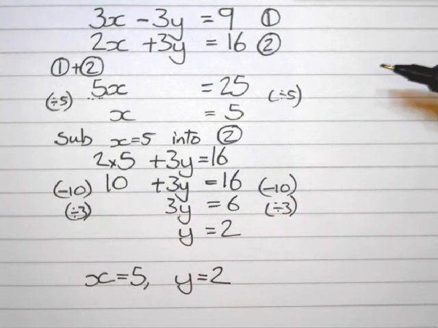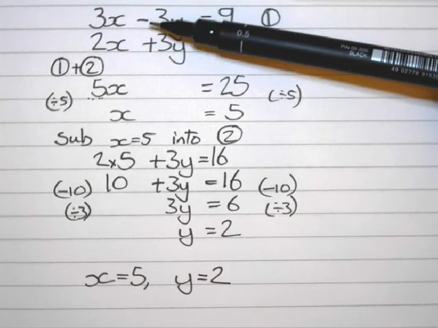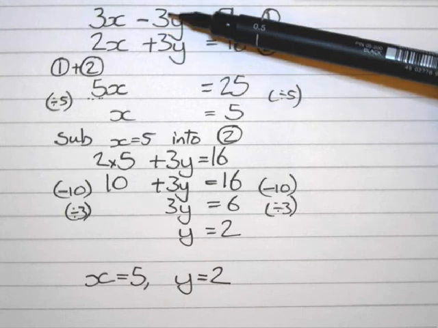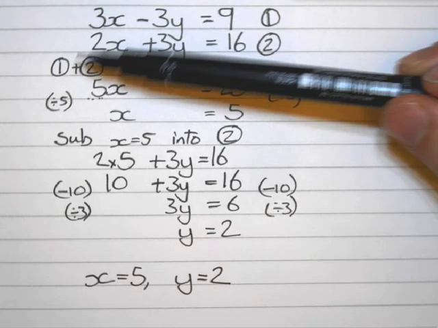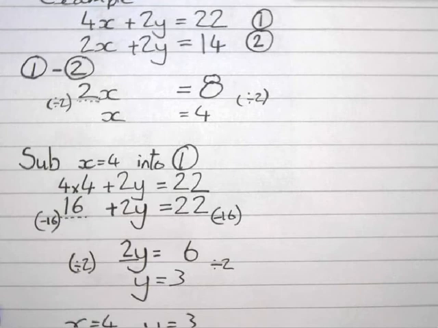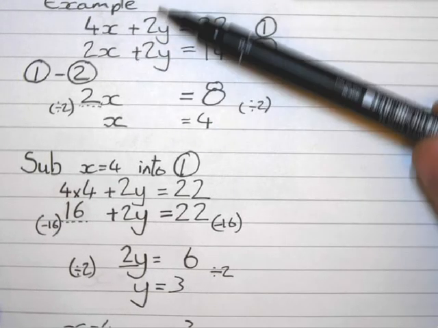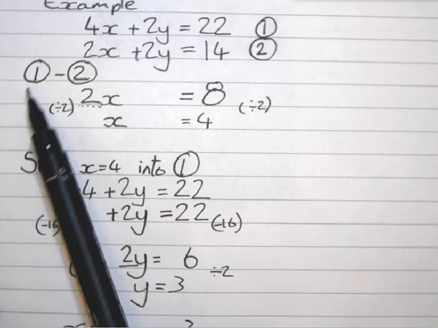Now we've gone through the same process as that first example, the only difference being we've got a minus 3y and a plus 3y, so we've added them. On the first example we had a plus 2y and a plus 2y, so the signs were the same, so we subtracted them.